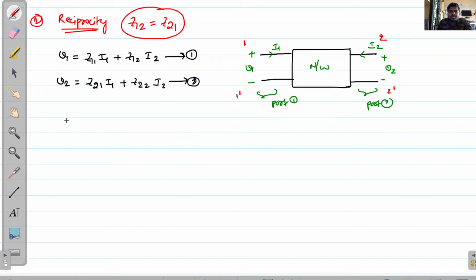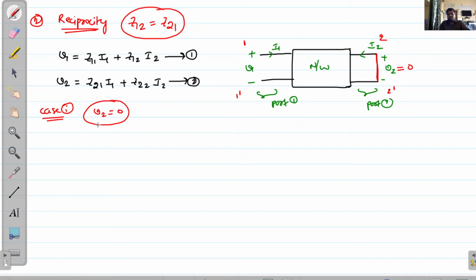First you can make it case 1, V2 equals 0. That means this is 0, which can act as a short circuit. If the 2 dash terminal is connected as a short circuit, then you will get V2 equals 0.